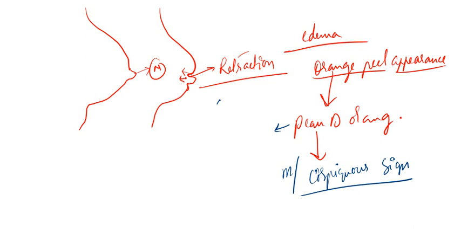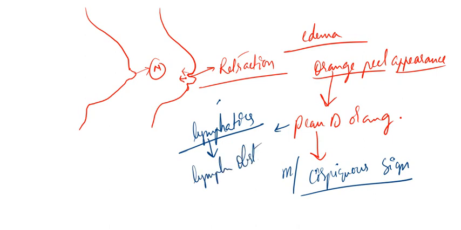Peau d'orange occurs because the tumor cells simply enter the lymphatics. Remember this concept, very important. It enters the lymphatics of the skin, and these tumor cells cause lymphatic obstruction. Now what lymphatic obstruction does is, in result, it causes cutaneous edema.